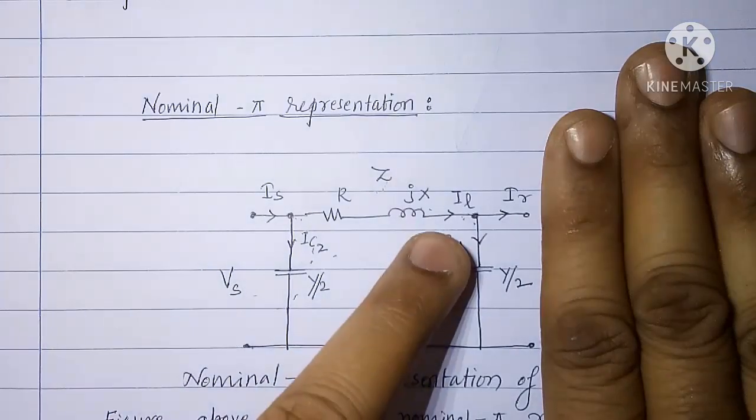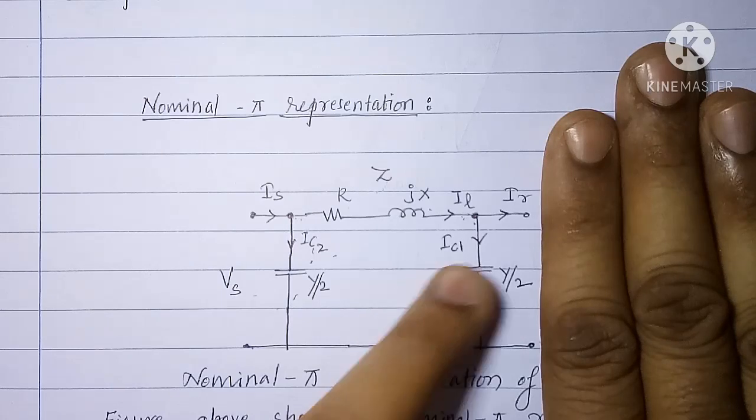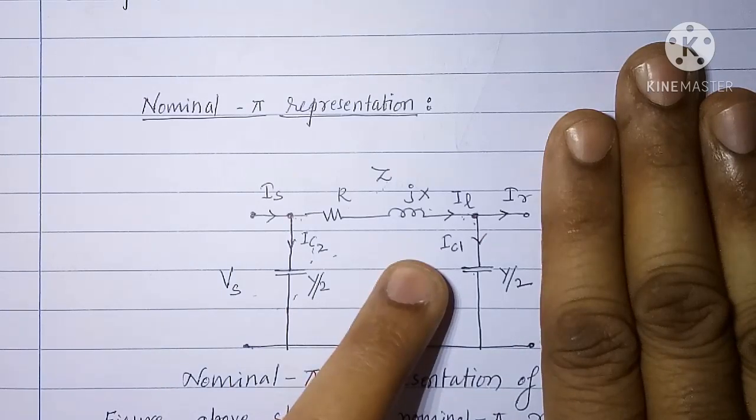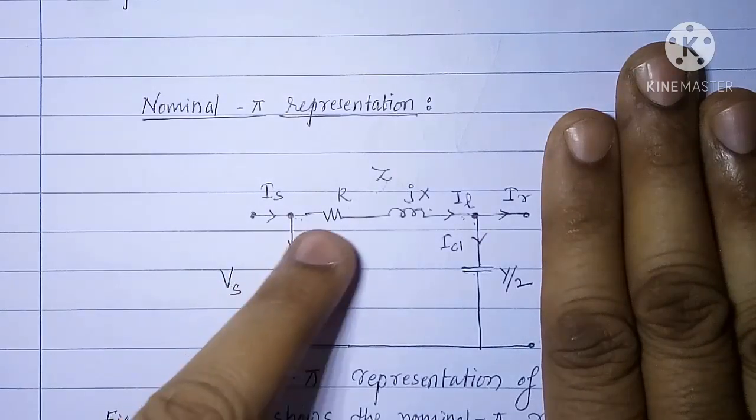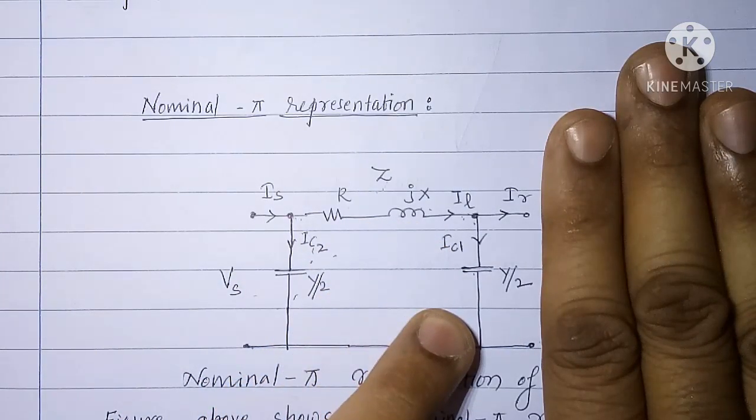So current IL, which is equal to IC1 when IR is equal to 0, is given by Vs divided by the impedance of this series combination.